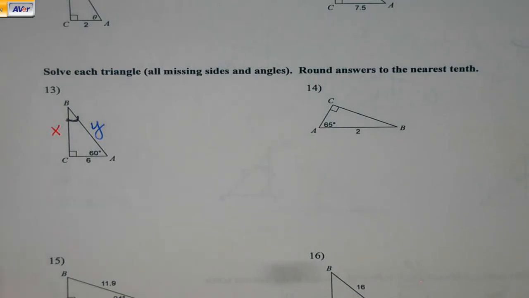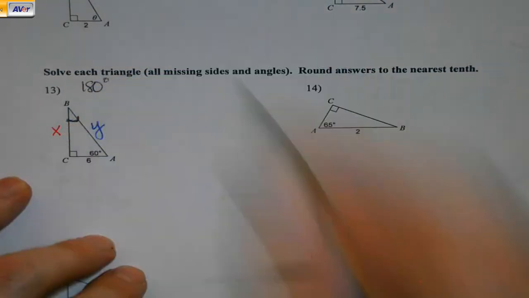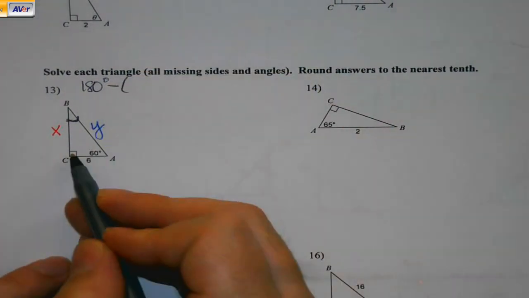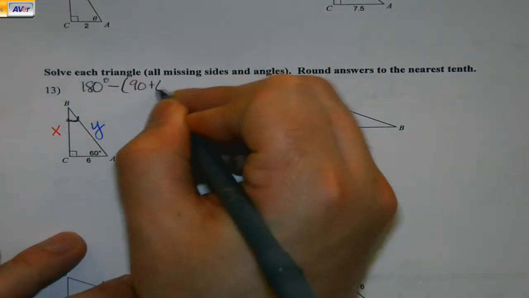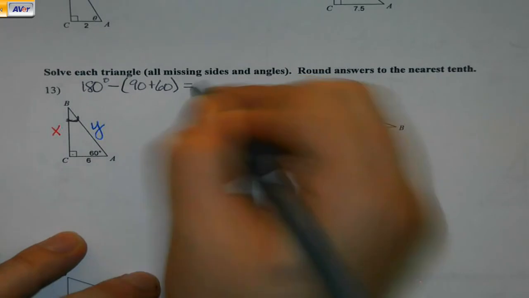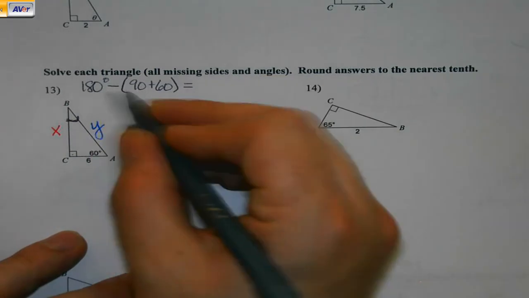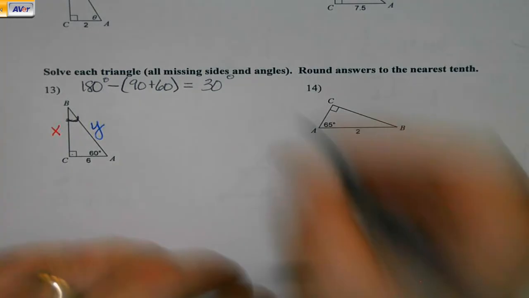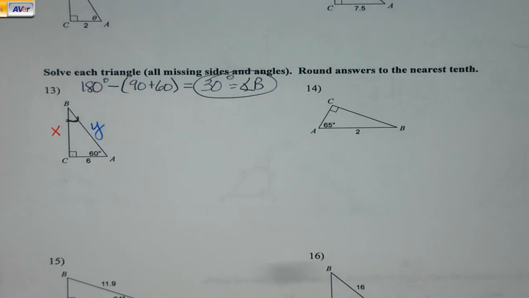The angle will always be the easiest part of this, because I know there's 180 degrees in a triangle, and I know what the measures of 2 of the 3 angles are, 90 and 60. So once I get that set, 180 minus 150, it's going to be 30. So that would be angle B. I got that one.